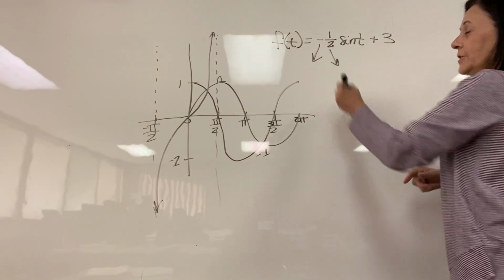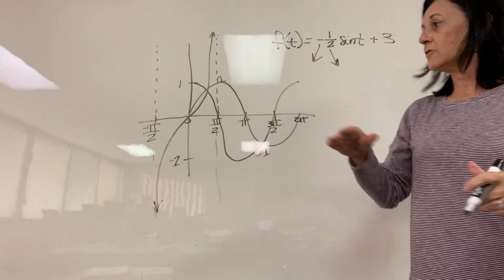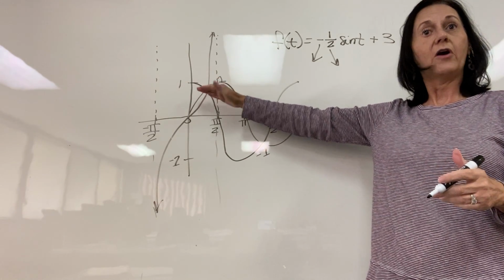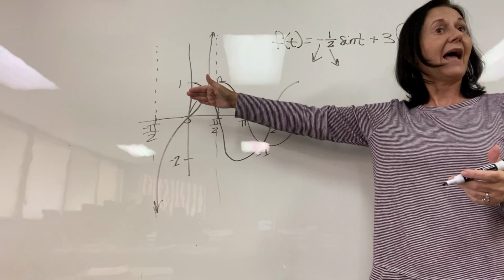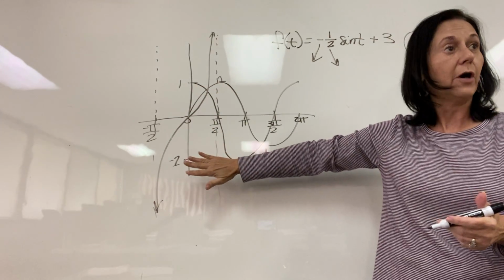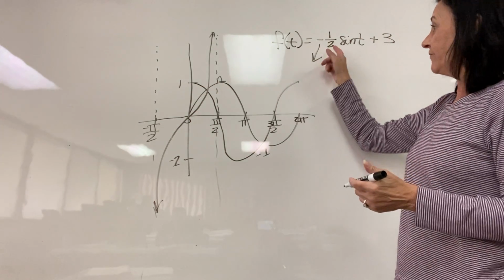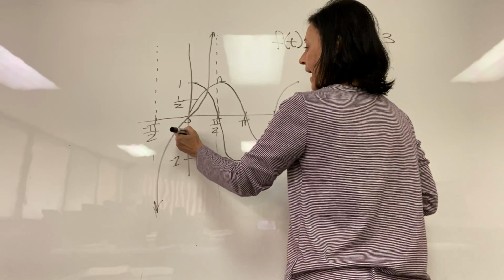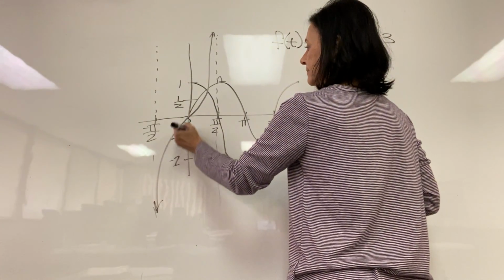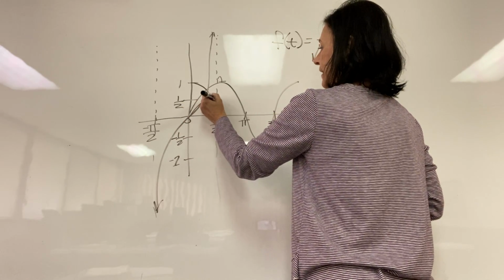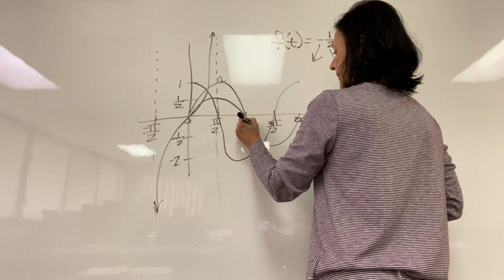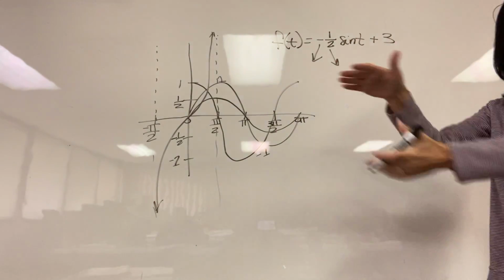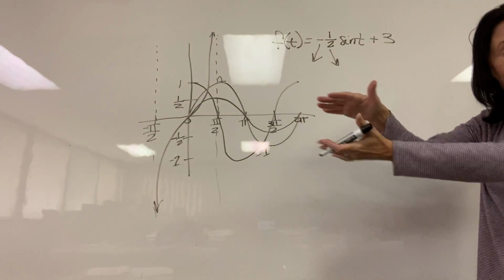This is your vertical stretch. That tells me how high up that curve goes, how far above the x-axis, and how low below the x-axis it goes. If it's 1/2, then it only goes to 1/2. So it's been squashed this way, right?